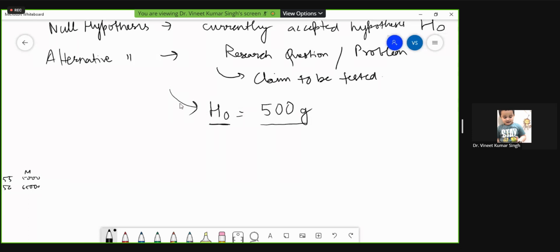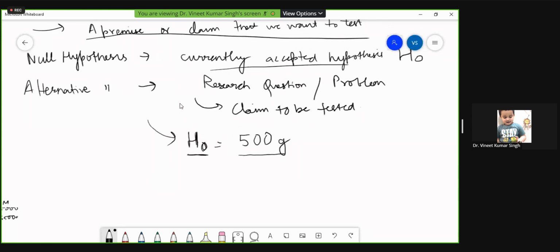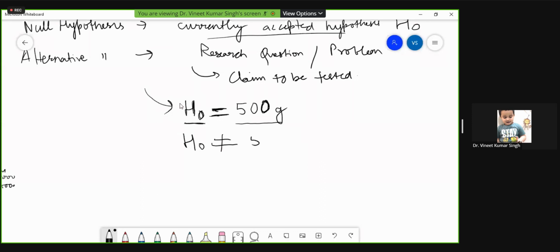Now this is a null hypothesis, which is generally a proposed hypothesis or currently accepted hypothesis, that his chimney will make exactly 500 gram of bricks. Okay, so alternative hypothesis will be just mathematical opposite, is not equal to 500 gram.